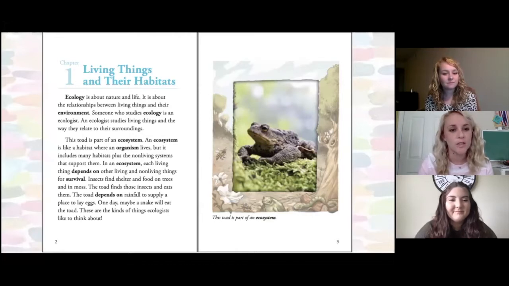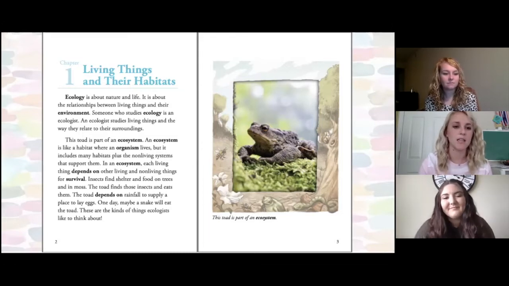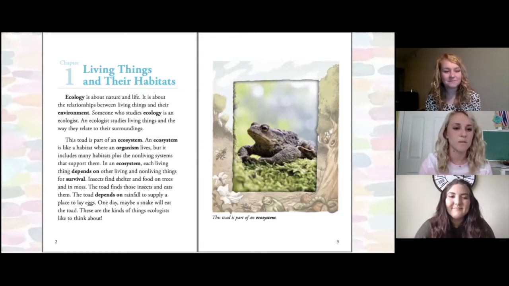This toad, look in the picture right there, this toad is part of an ecosystem. An ecosystem is like a habitat where an organism lives, but it includes many habitats plus the non-living systems that support them. In an ecosystem, each living thing depends on other living and non-living things for survival.